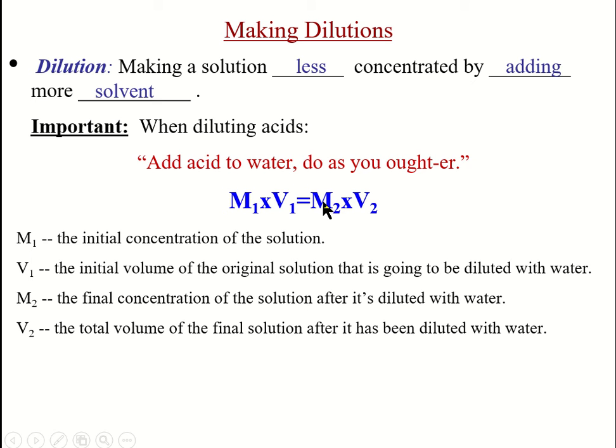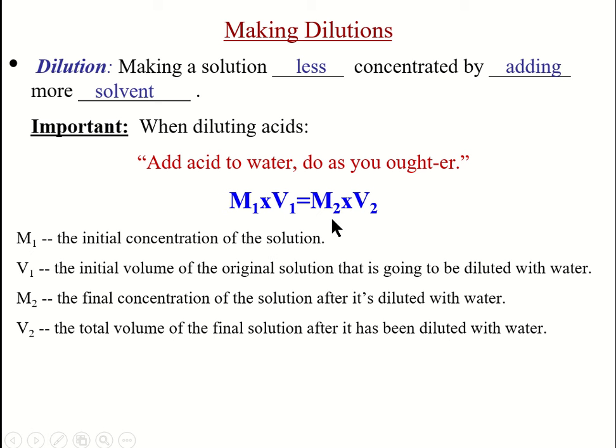Usually I will know how much I'll need for all the labs. Say I need 500 milliliters. I will know that I need 500 milliliters of, let's say, a 1 molar solution. I'm also going to know what the stock solution is. Maybe I'm making it out of 6 molar solution. What I don't know is how much of that stock solution do I need to add to my 500 milliliter volumetric flask.